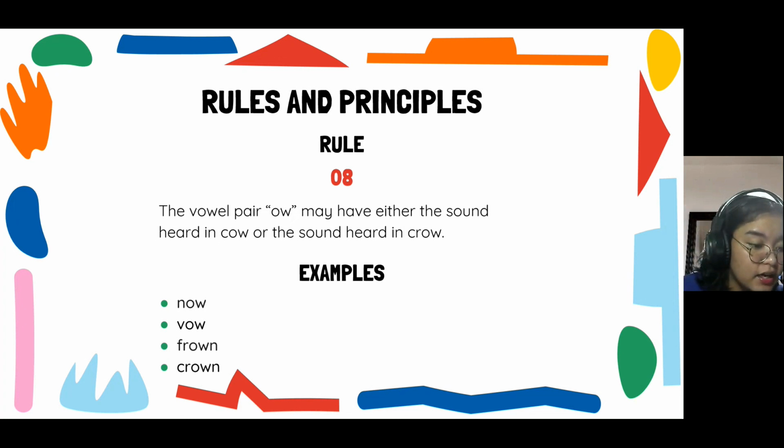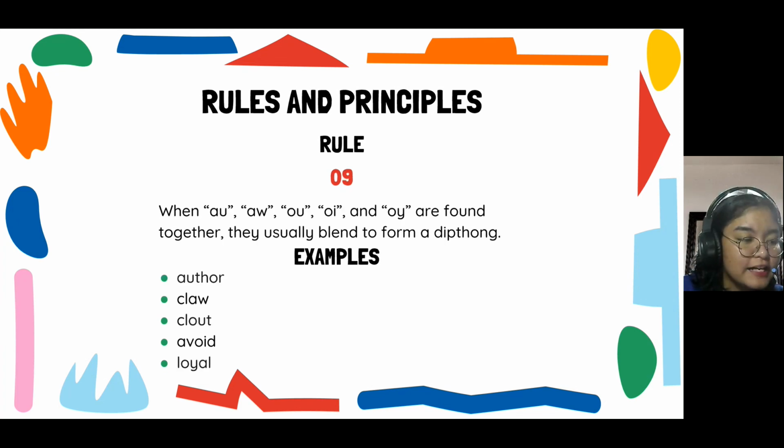And then let's proceed with the next rule, which is rule number 9. When AW, OW, OI, AL, and I are found together, they're usually blended to form a diphthong.